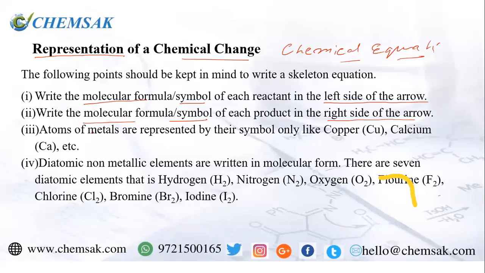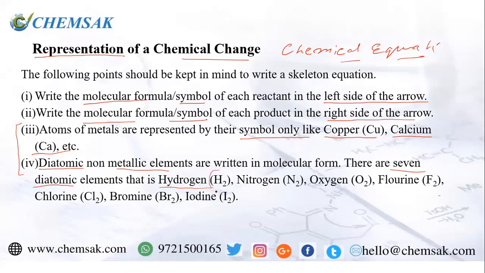These last 2 points are very important for you. Atoms of metal are represented by symbol only, meaning in any chemical reaction, if you want to represent any metal, just use the symbol of that metal like copper, calcium, Ca, etc. And we have diatomic non-metallic elements also. There are only 7 diatomic elements in nature, named as hydrogen, H2.